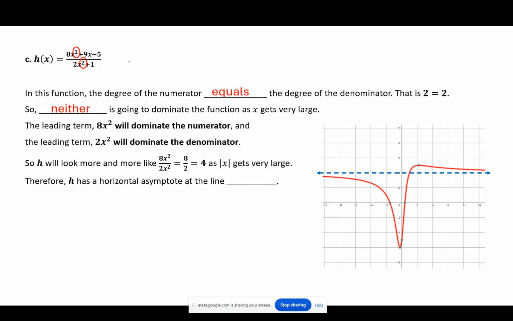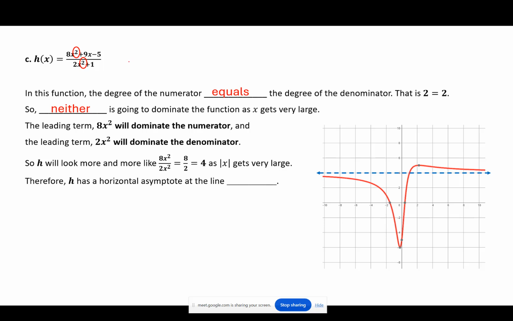So as x gets very large, that numerator is just going to look more and more like 8x squared. As x gets very large, that denominator is just going to look more and more like 2x squared, because the 1 and the 9x minus 5, they're just not even going to matter anymore. So h will look more and more like 8x squared over 2x squared, which is 8 over 2, which is 4.